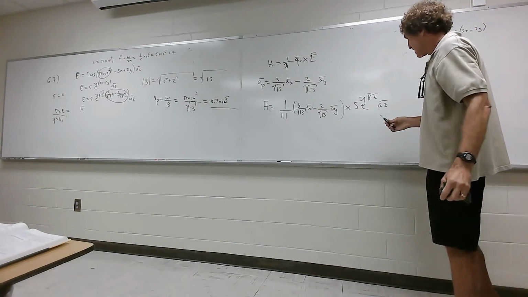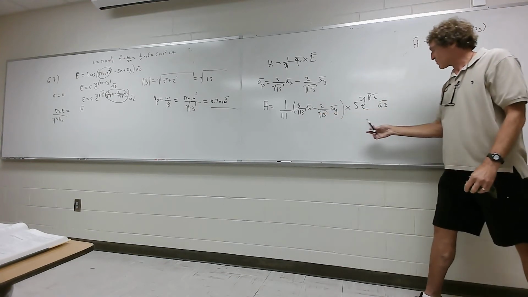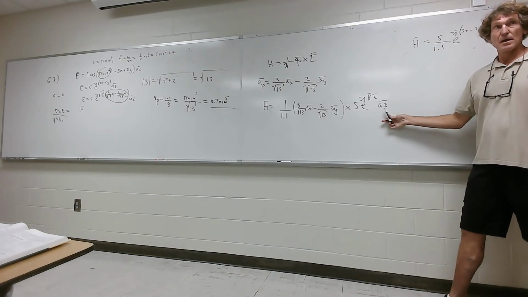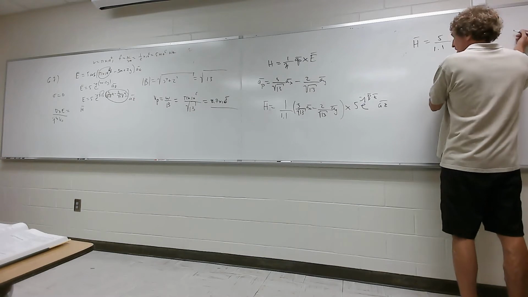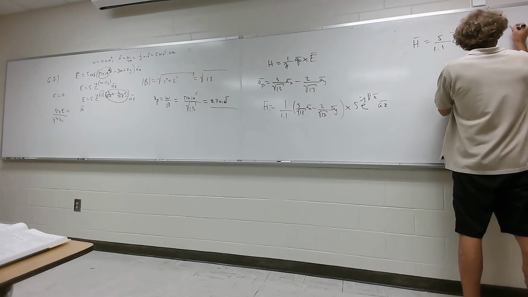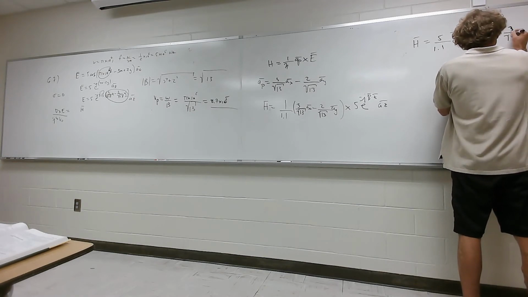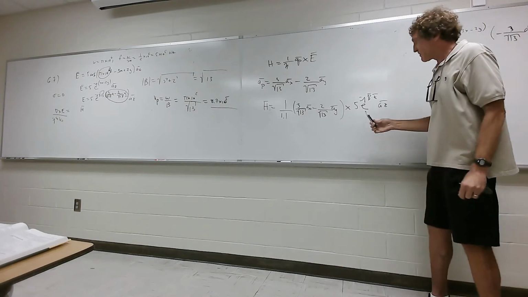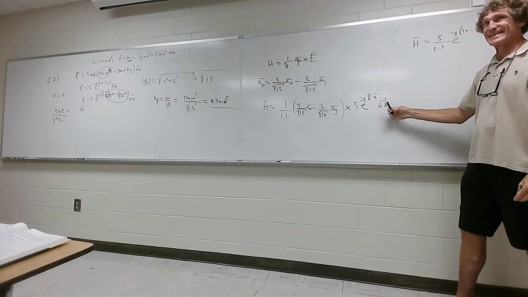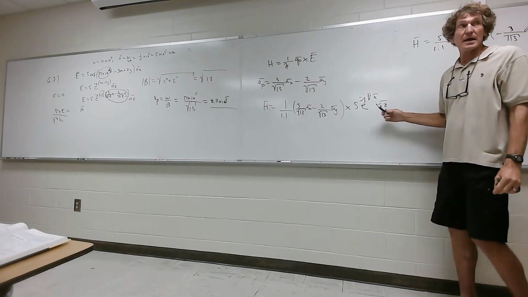Alright, so now when I have x cross z, it's what? Minus y, correct? So it's going to be minus 3 over square root of 13 ay. And when I have y cross z, ax, right? Positive.